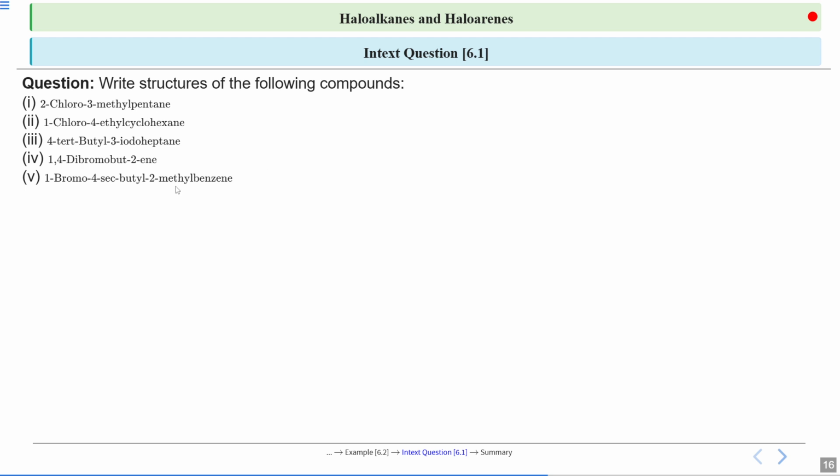So these are the names. You have to convert them into structures, like you have to write the structures of these compounds. You are given some time. Try to analyze this question and then we will see the correct answer, the correct structures.